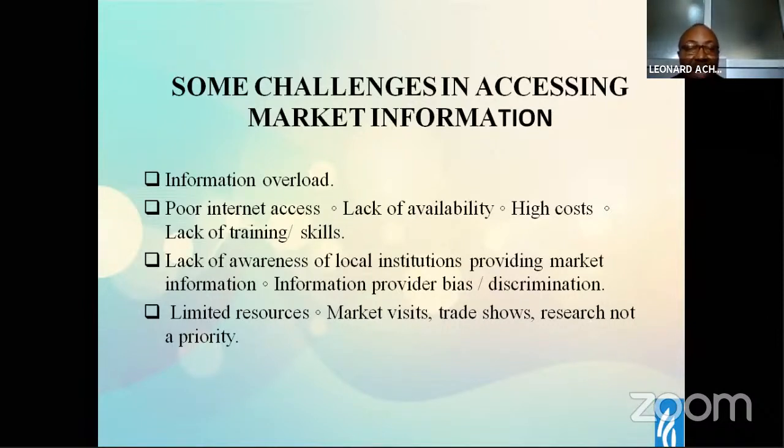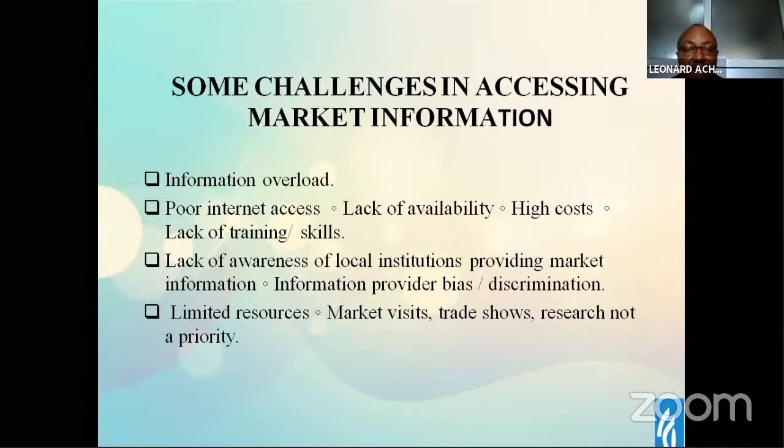We also have lack of awareness of local institutions that provide market information. We have some institutions like the Federal Ministry of Trade and Commerce, an institution where you can get marketing information.